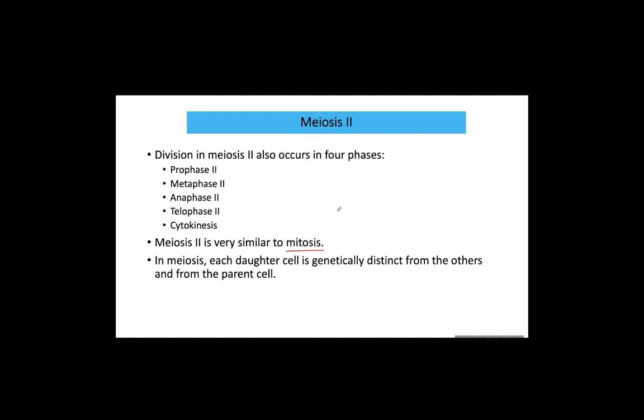But in meiosis, each daughter cell cannot be identical to the parent cell because chiasmata crossing over occurs during prophase 1 of meiosis. The chromosome already exchanged some portion with the other chromosome of the homologous pair. Therefore, after meiosis, each daughter cell has a distinct genetic configuration according to chiasmata crossing over.